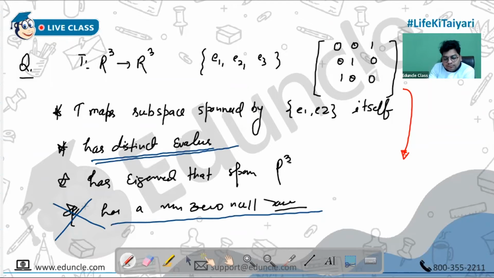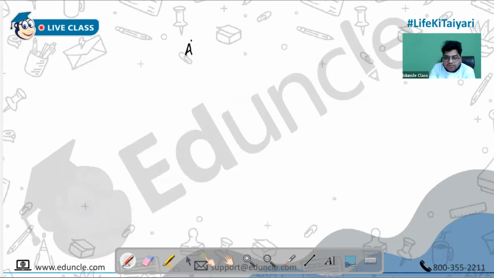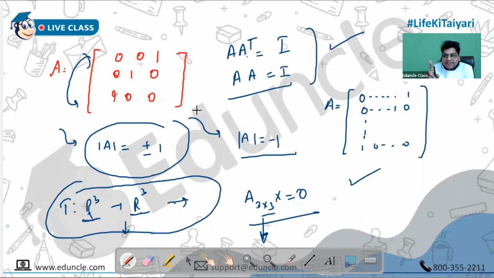See, this is a strange thing. When you have found that A square is equal to I, can you find A cube? What is A cube? A cube is A. Yes or no? A square is I, then A cube is A. I am not going to find the characteristic polynomial directly.